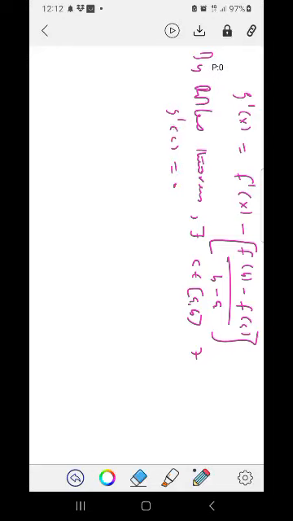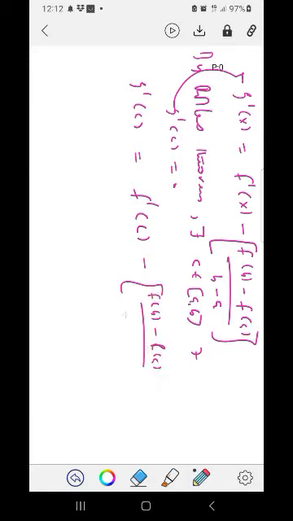So let's now translate that here. We now have G prime C must be F prime C minus F B minus F A over B minus A. And it must give us zero.